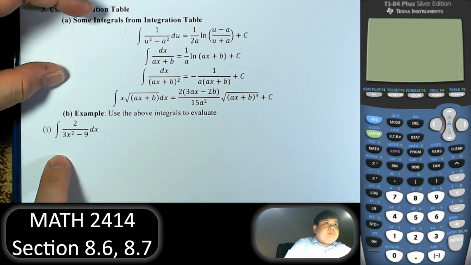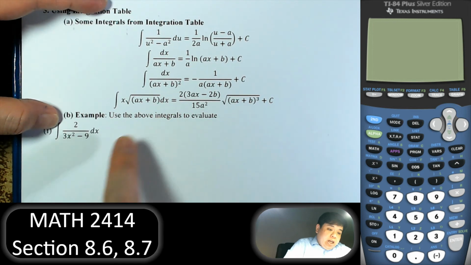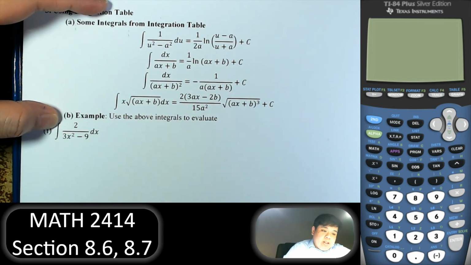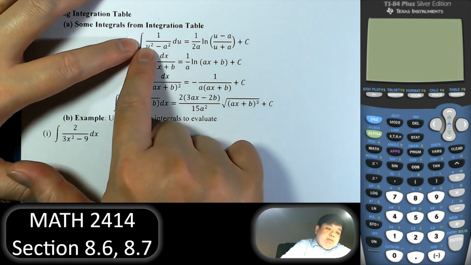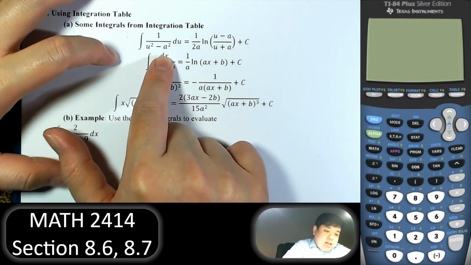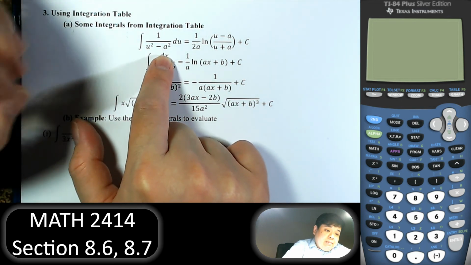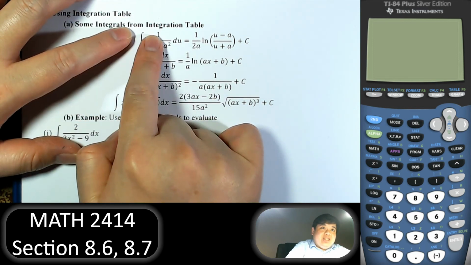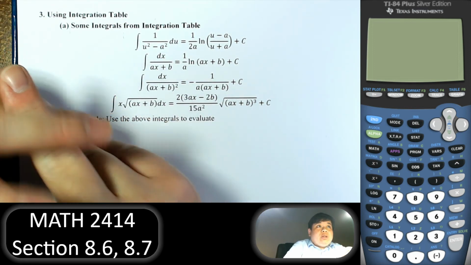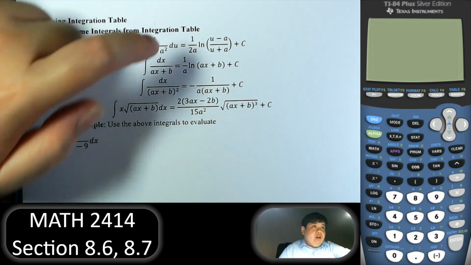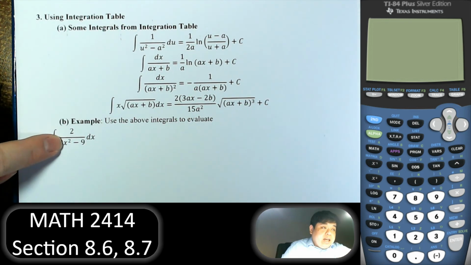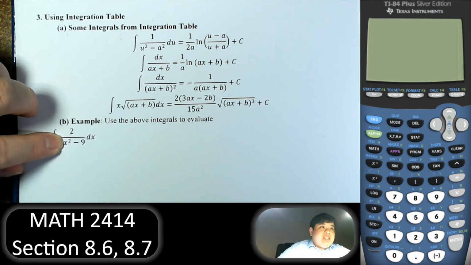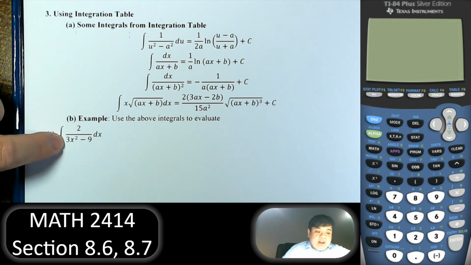So, for example, when we look at this problem, we have to compare to the right form. The right form here has u squared minus a squared, and the top is 1, so we have to turn it into exactly the same form. So when we use the integral table, we have to convert to the right form, and then we can just use that. If we have x squared, that will be perfect, but it's not. There's a 3, so take care of that 3 first.